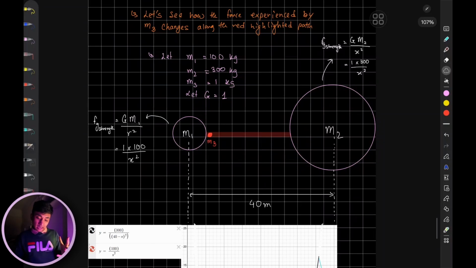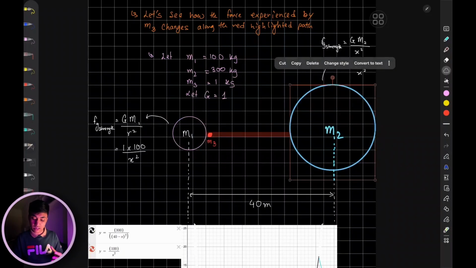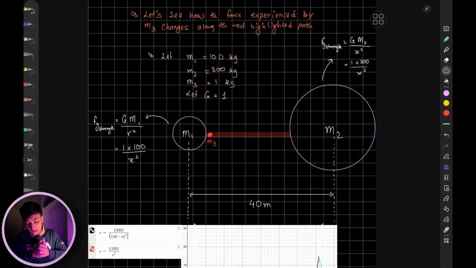Okay? Now, what we want to see is when you have two masses, A and B, M1 and M2, if I bring a third mass, M3, the red blob, and I move it between the spaces, how does the force vary? Okay, I want to graph it out.